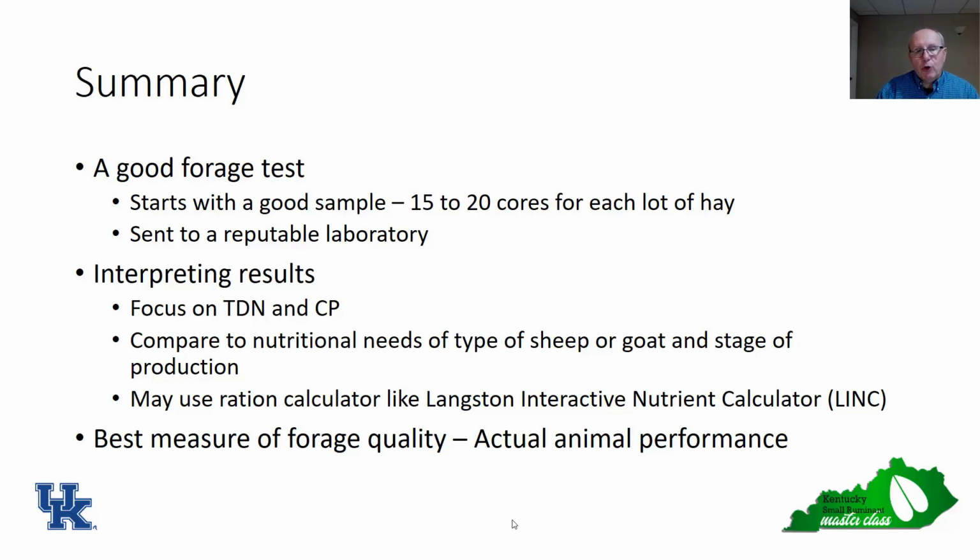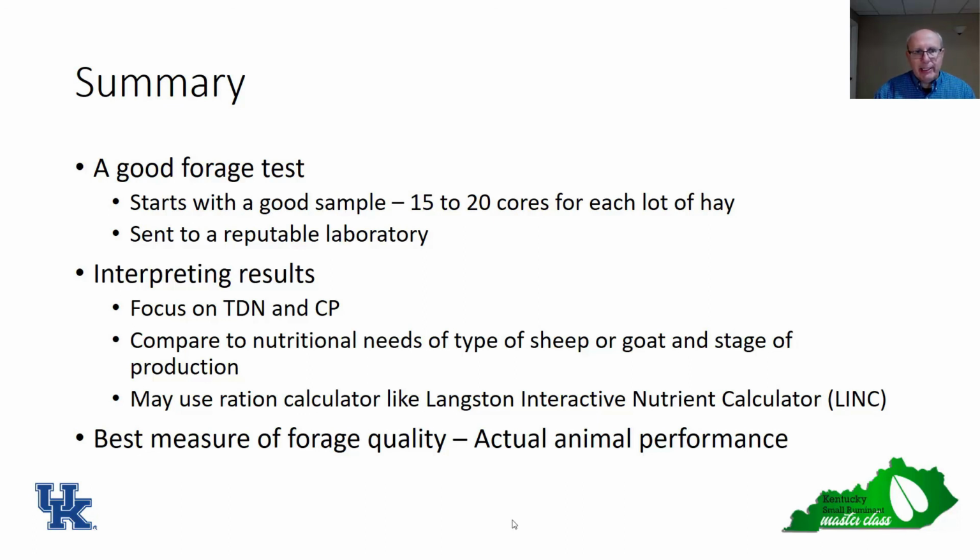So in summary, in order to interpret a forage test, we have to start with a good one. And to get a good forage test, we need a good sample with 15 to 20 cores for each lot of hay that's representative. And that sample is composited and sent to a reputable laboratory. To interpret those results, we need to focus on TDN.